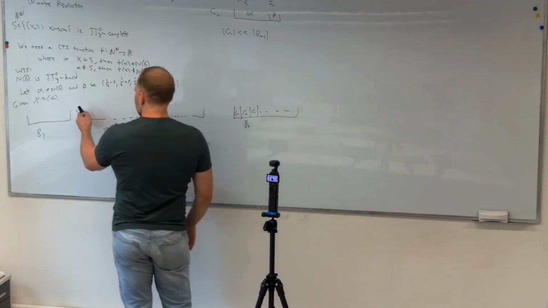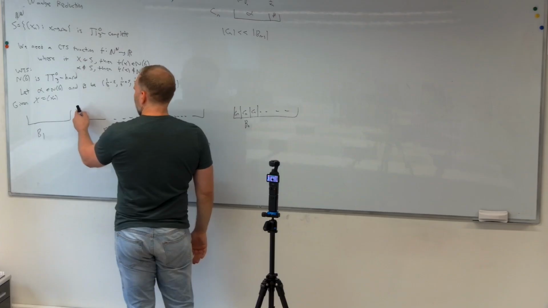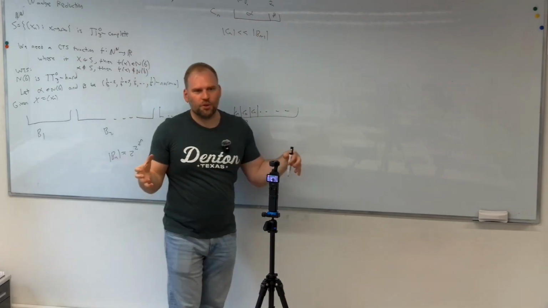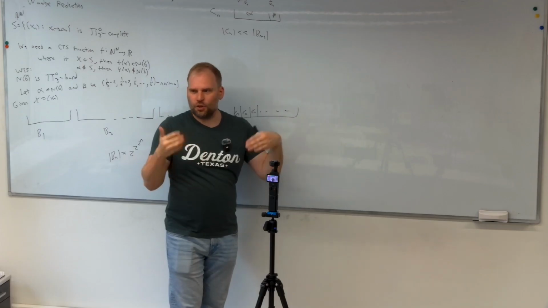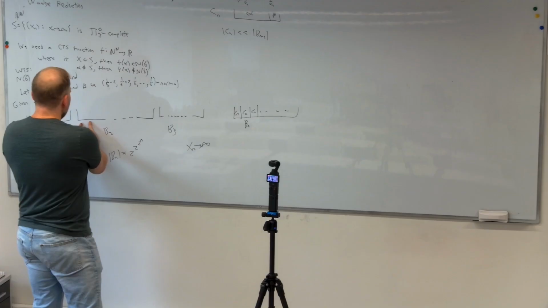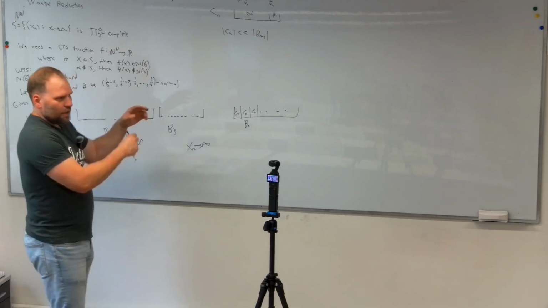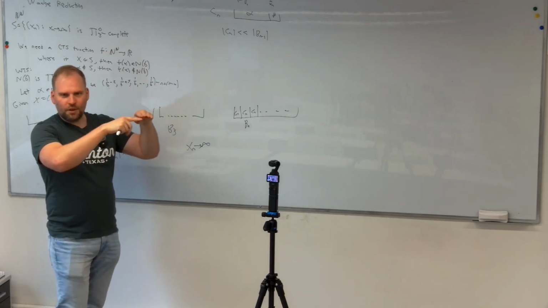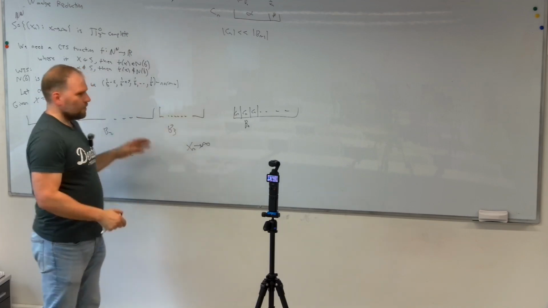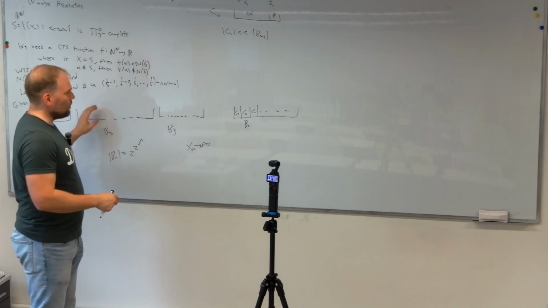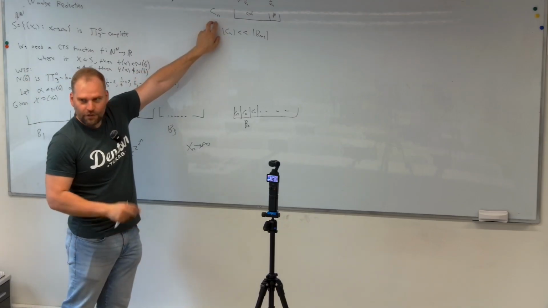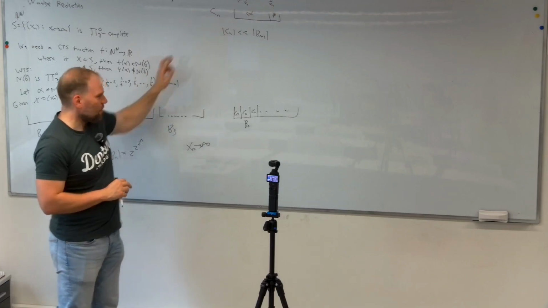We have many, many copies of this, and we could have a problem: if this block Cn is really, really big, then we could have some issue with the limits not existing, because if the length of Cn was much bigger than the previous one, then we could have some oscillation in the limit, and we don't want that. We want a normal number. Does everyone see what the potential problem could be if we don't control the length right here? That's very important, otherwise the whole thing falls apart.